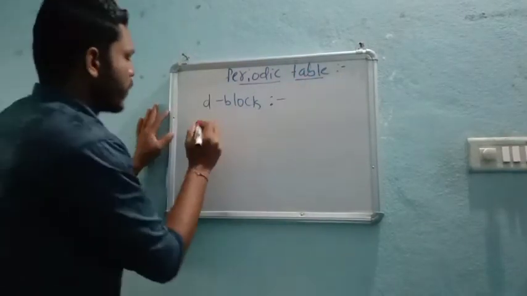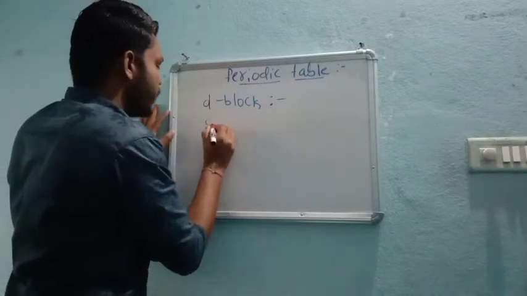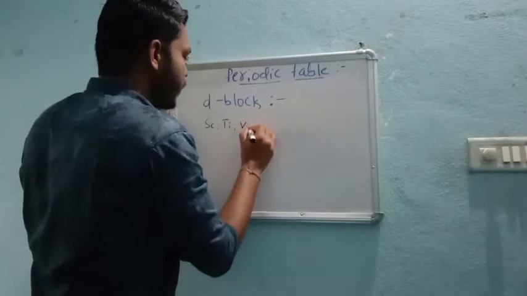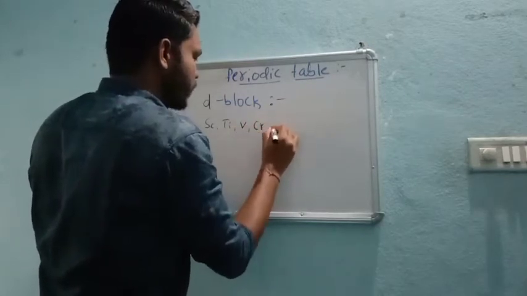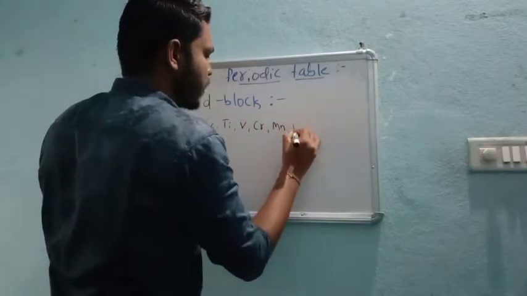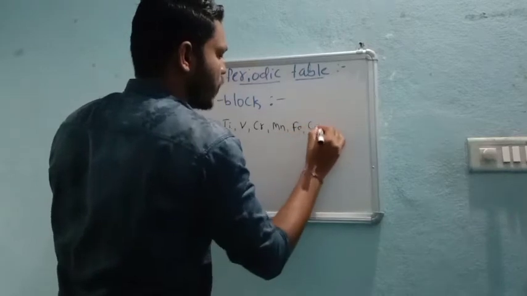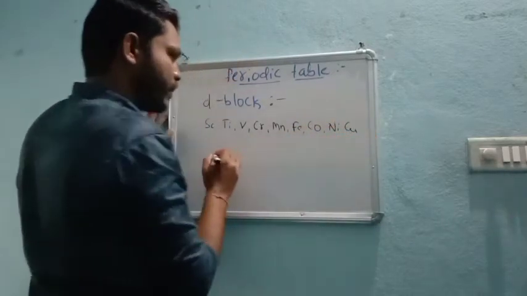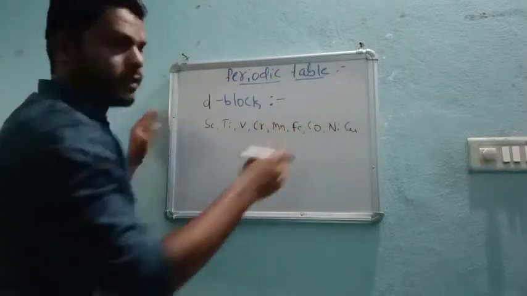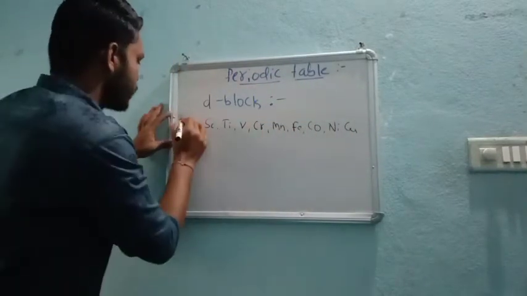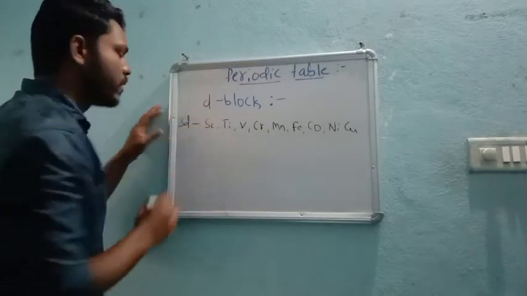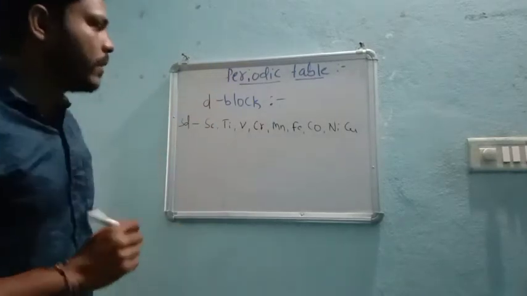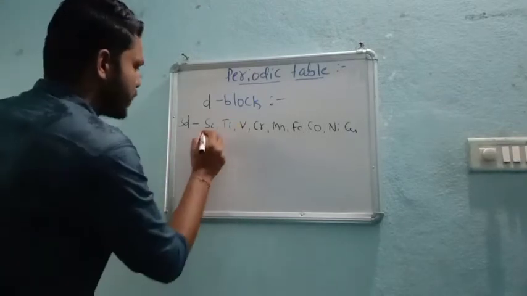For d block elements you can say scandium, titanium, vanadium, chromium, manganese, iron, cobalt, nickel, copper, zinc, like this. I took the third d block series. By taking one or two examples, we will see.